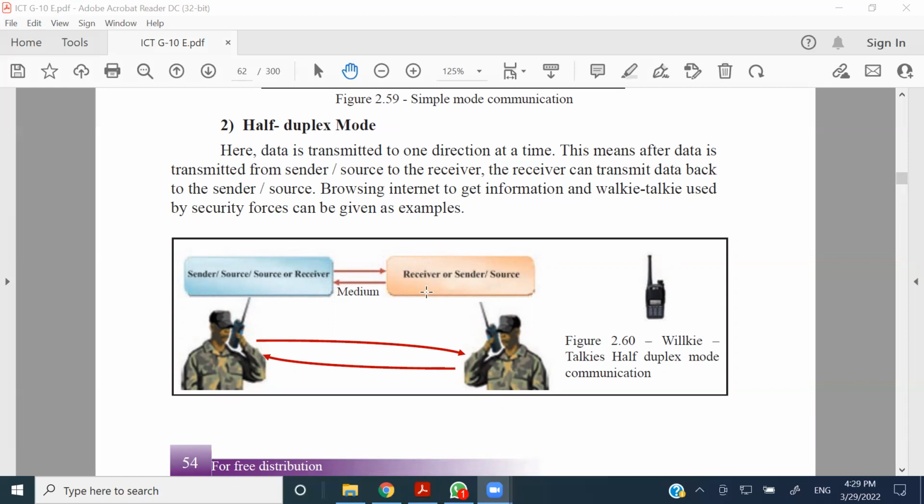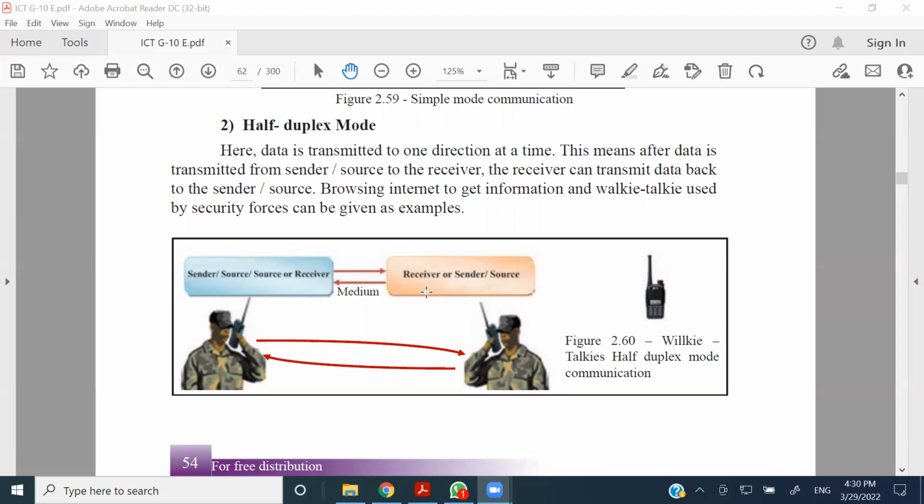If I'm communicating with you in half duplex mode, when I'm talking, my voice flows to your side. That means the communication happens from my side to your side. At that moment, you won't be able to communicate with me.